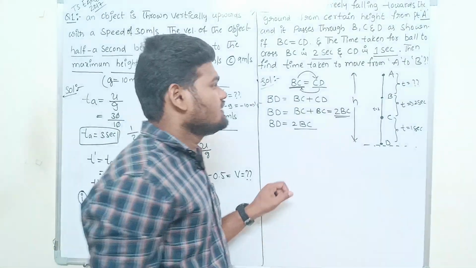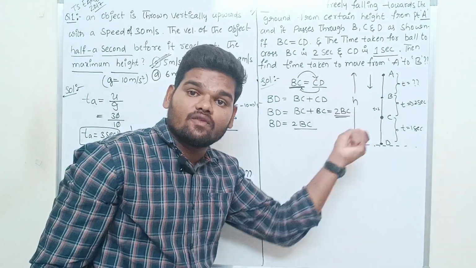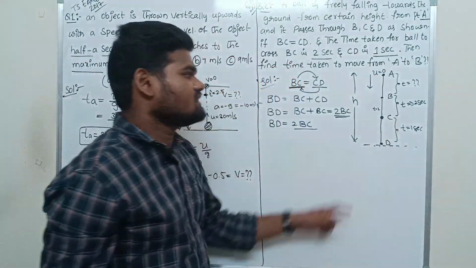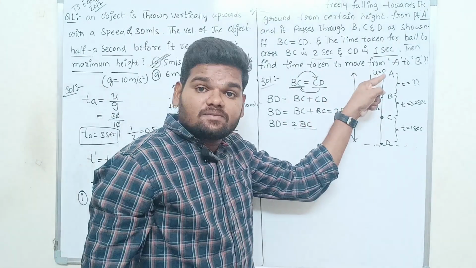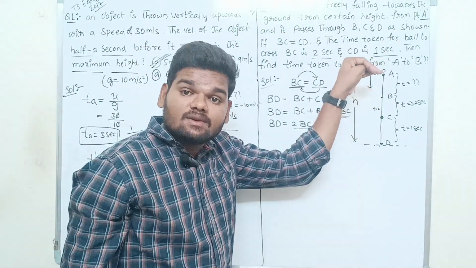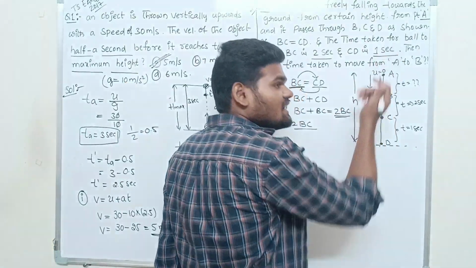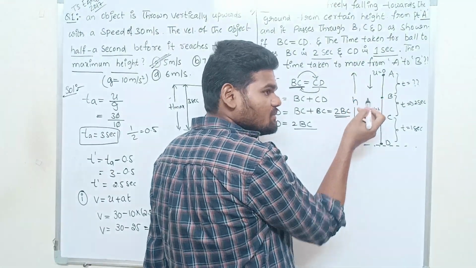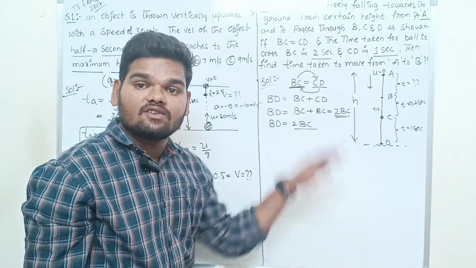Right. So have a look. Whenever the object is falling towards the ground, at the maximum height its initial velocity is 0. And this object is moving towards the ground, which means the object has some final velocity. 0, 1 meter per second, 2 meters per second, 3 meters per second, and so on. The velocity of the object increases gradually when it is moving towards the ground.